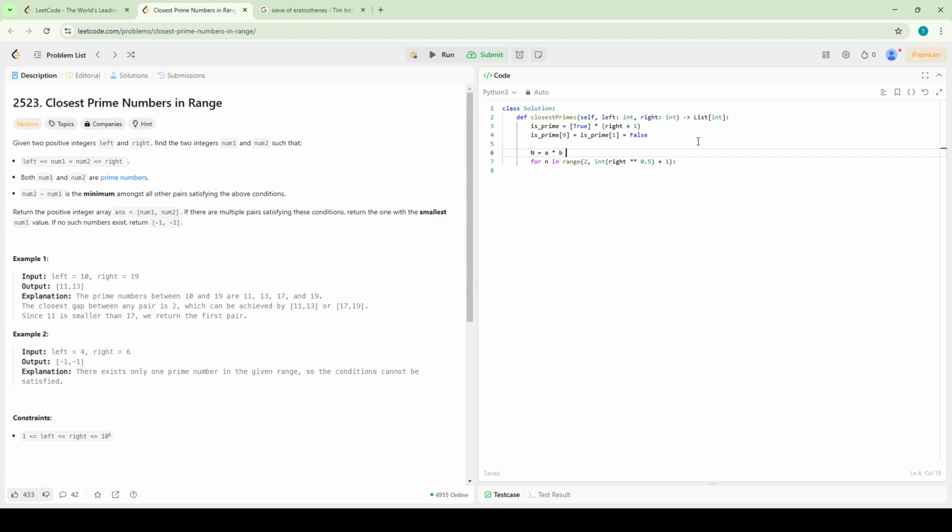The prime factor here can be anything from the range of left to right, but what I'm going to say is that there will be at least one prime factor that is smaller or equal to the square root of n.